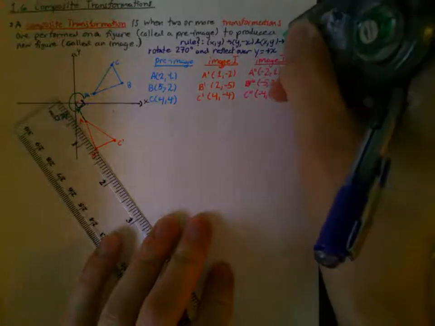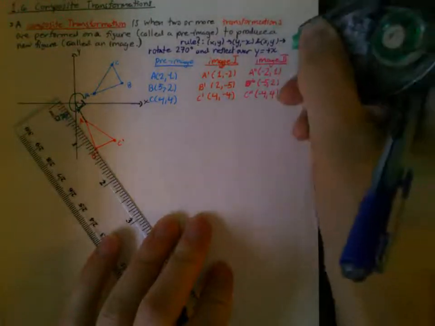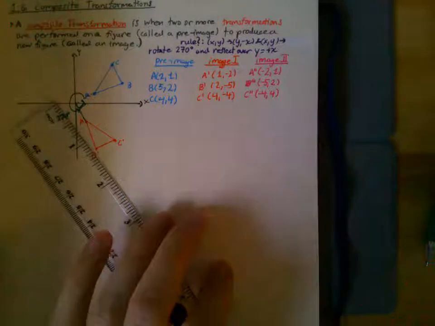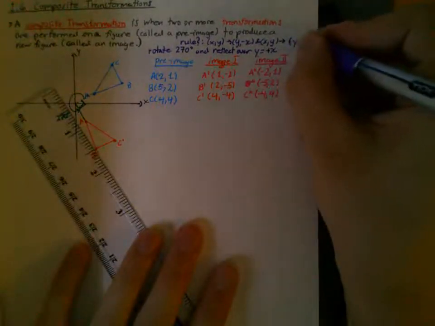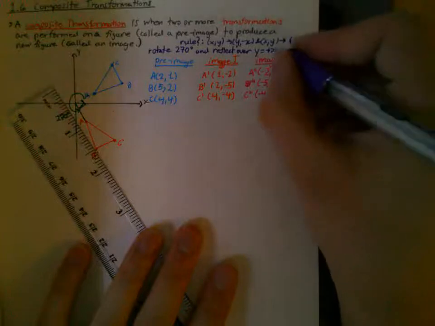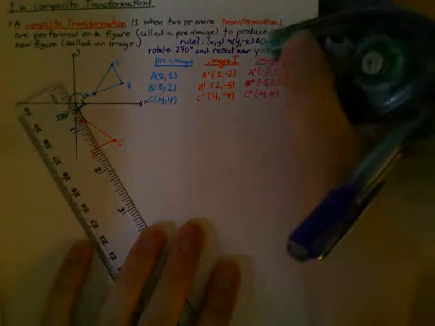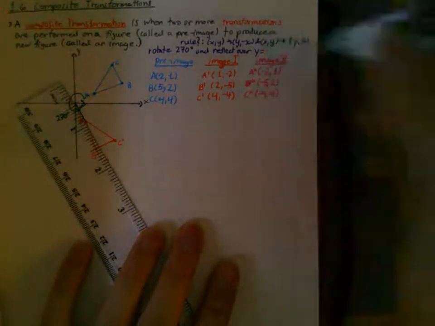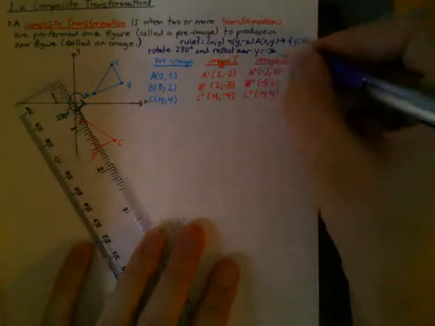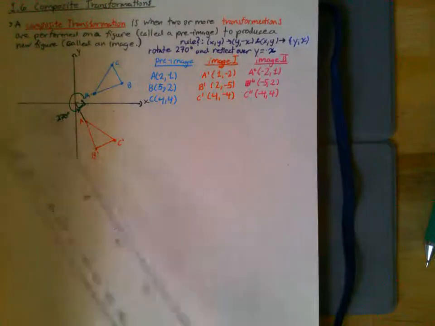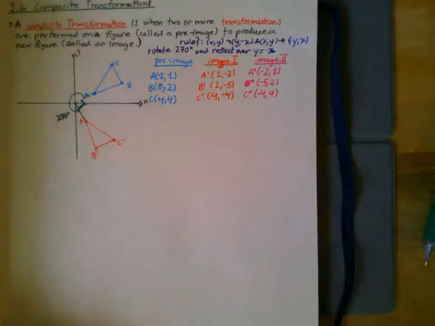I do apologize. So I'll probably just rewrite that. Sorry. Let me fix that. So that'll be y equals x. Okay. There we go. So that's what we're reflecting over.